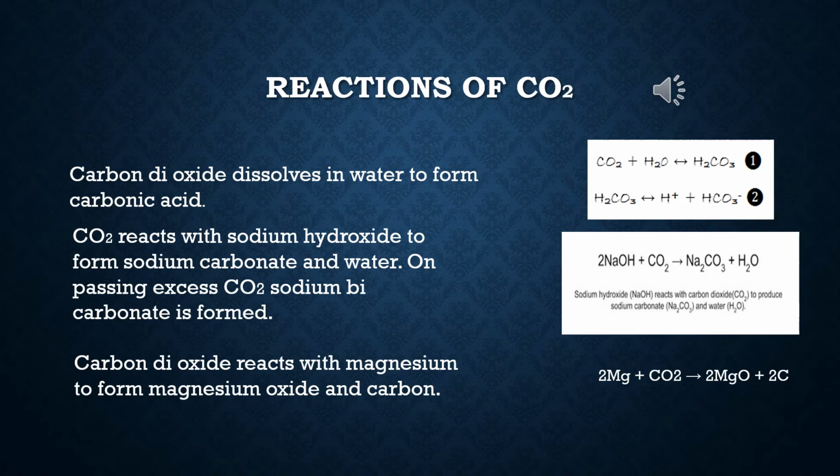In this reaction, magnesium combines with oxygen to form magnesium oxide and oxygen is removed from carbon dioxide to form carbon. So carbon dioxide oxidizes magnesium, because oxidation means combination of oxygen atoms with magnesium. That means magnesium reduces carbon dioxide. Thus, the oxidizing property of carbon dioxide is proved.